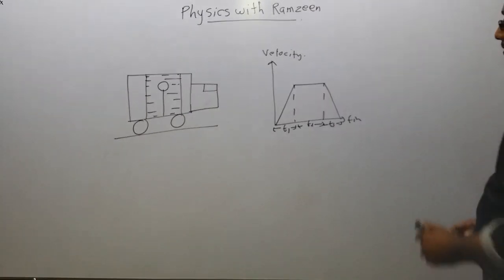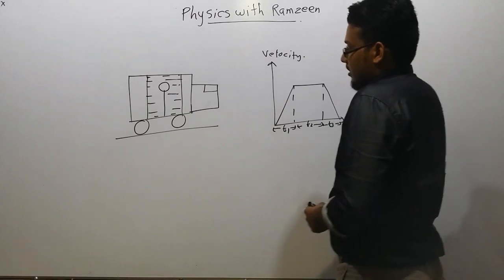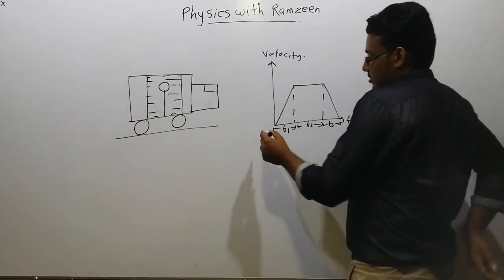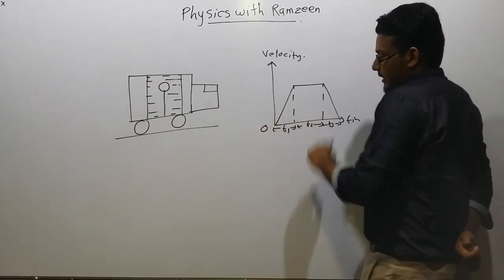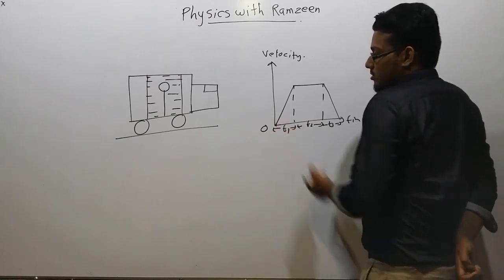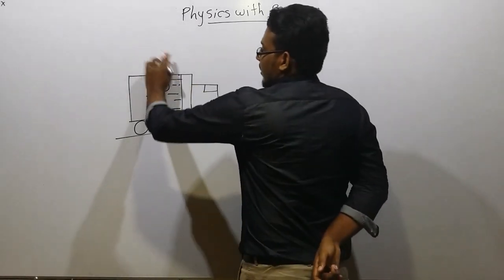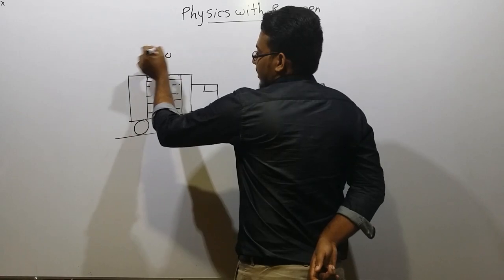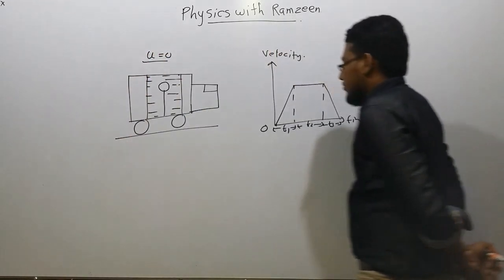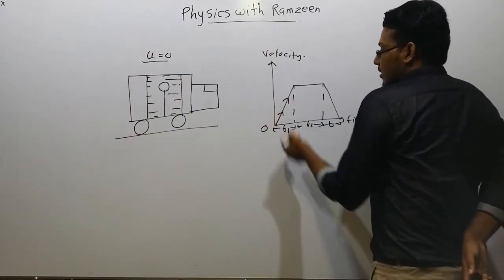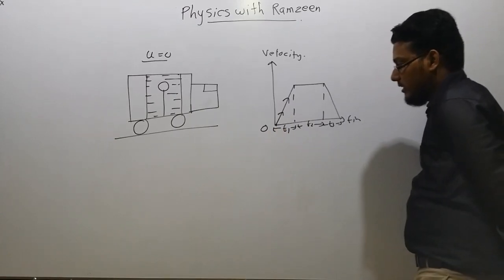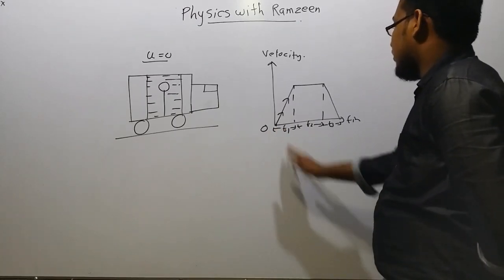When we analyze the velocity time diagram, first we understand that the velocity at the initial time is 0. So I can say the initial velocity of the truck is 0. When time passes within the time duration T1, the velocity increases.